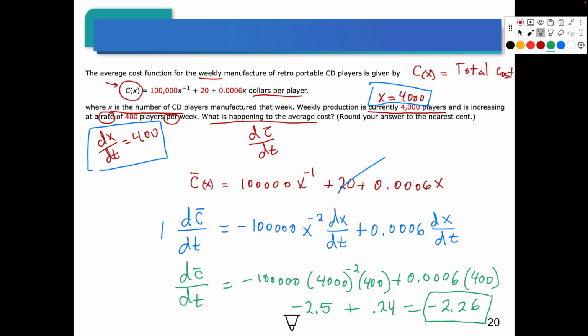So if we produce another one, our average cost, not just the cost for that last one, but the average cost overall, is going down by $2.26. So that's the rate of change. This is $2.26 per CD player per week, right? Because that's our units. So, oh okay, let's make some more. Our costs are going down.